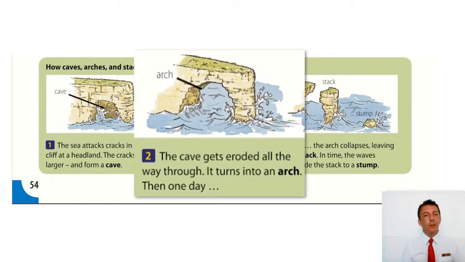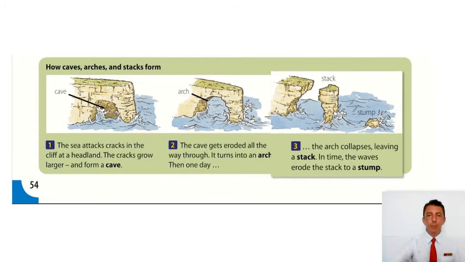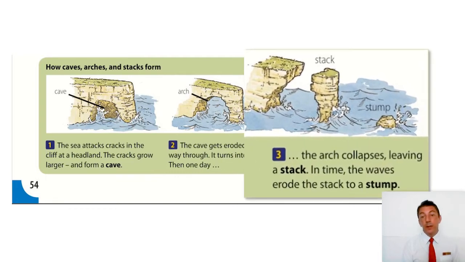The erosion continues and the cave gets eroded all the way through the headland and it turns into an arch. But one day, the arch will collapse, leaving a stack. So the stack is a pillar left standing alone. And in time, the waves will erode that stack down until it becomes a stump.